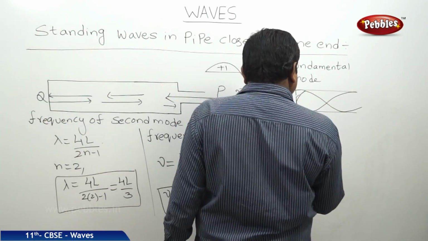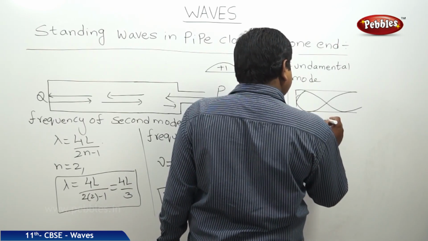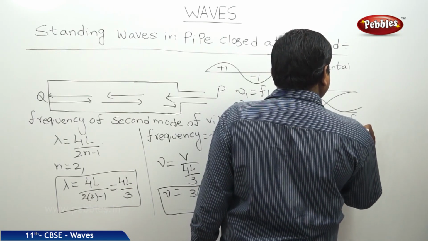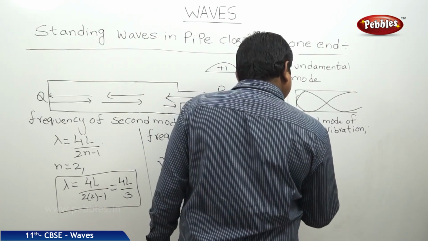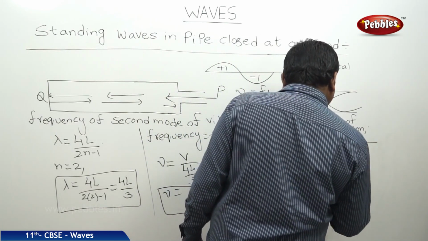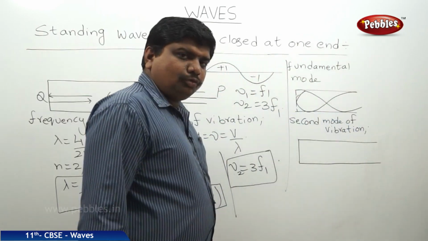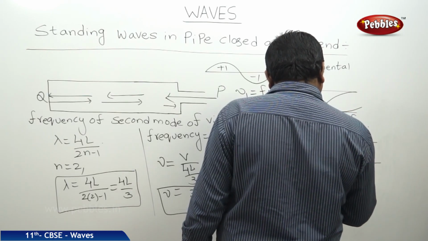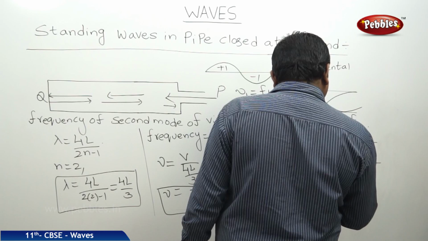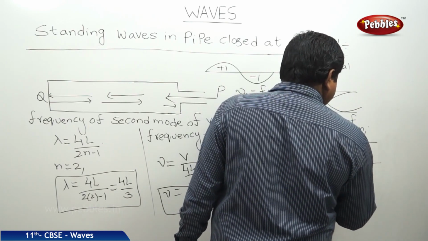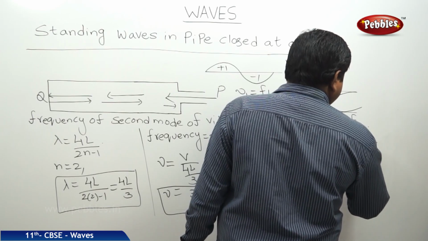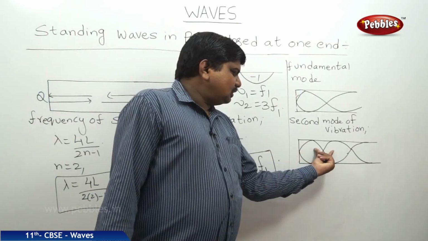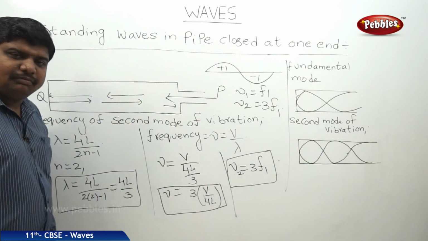Two loops will form. Two loops means there are two modes of vibrations. This is 1, this is 2, and this is 3. The third one will be open and 2 are closed. So like this we can find out the modes of vibration.